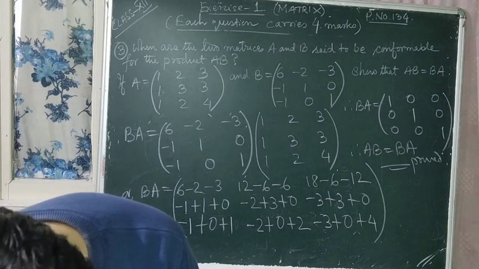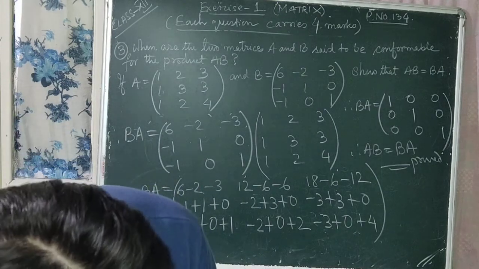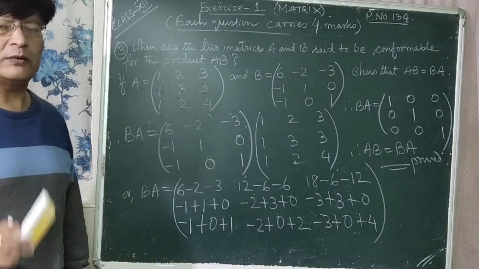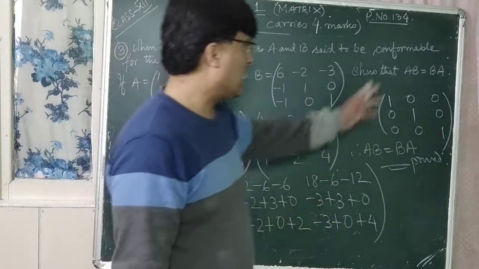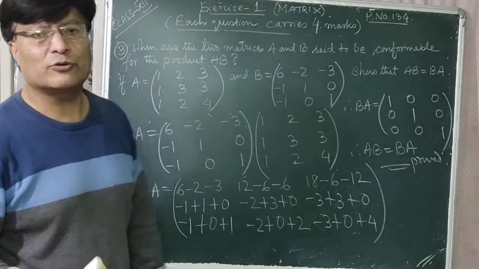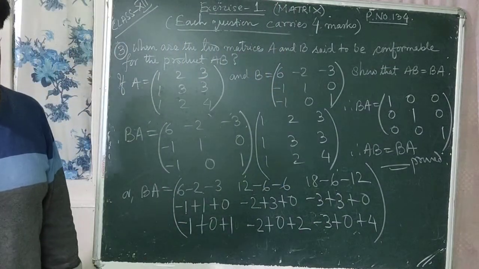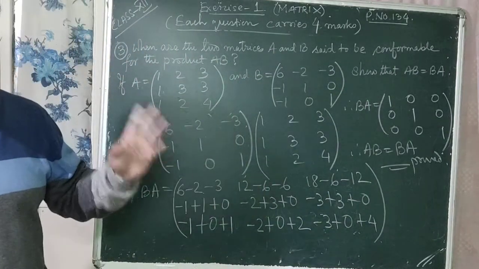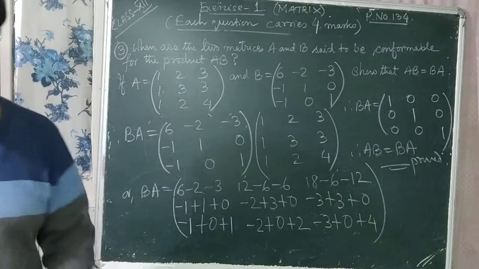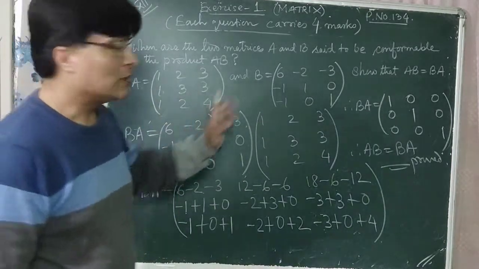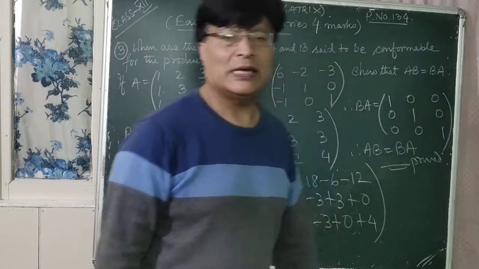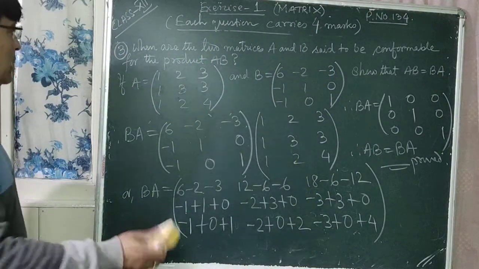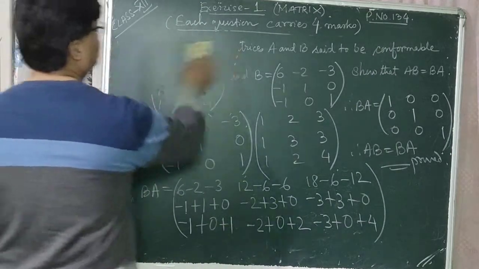Is it true in general for matrix multiplication? No. In general, this is not true. That is, AB equal to BA is not true. That is, AB is not equal to BA. So let us write here.